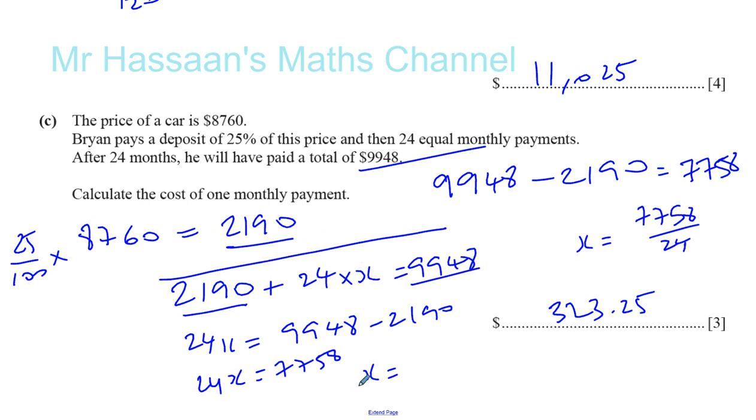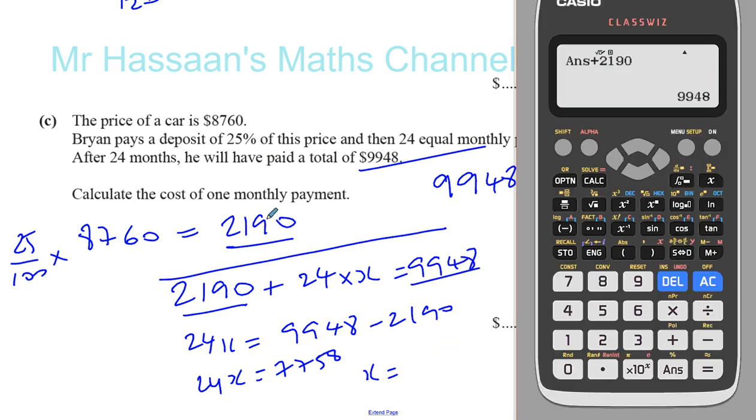So that's how we deal with the question. Of course, the price of the car and the amount he pays are different, because when you pay in installments, you're going to be paying more than the cost of the car if you bought it in one go. All right, so there we have the answer to that question.